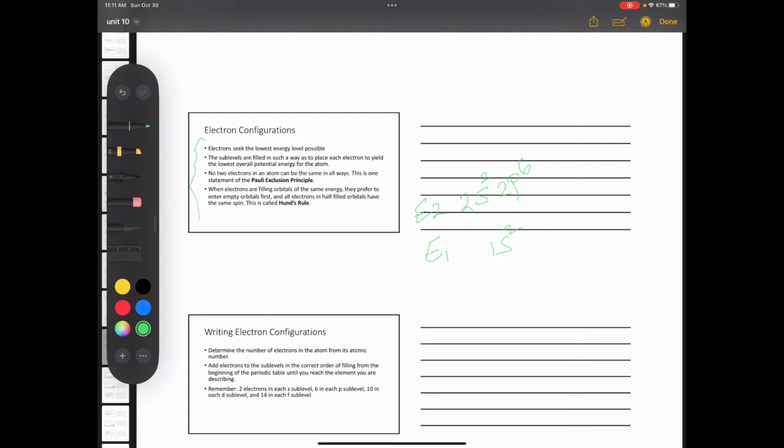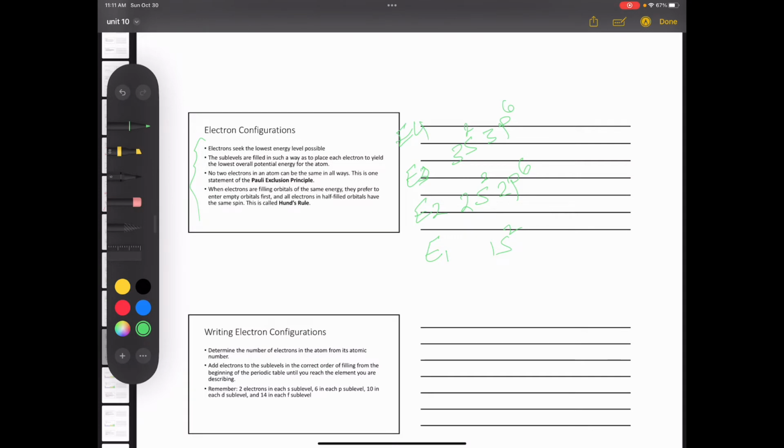And then once we fill in the 1 and the 2, and we still have more electrons, we will go to the third principal energy level, which is going to be 3s 3p. So we fill our electrons again: 2 in the s and 6 in the p. Next, I will go to the fourth principal energy level, and so on and so forth.